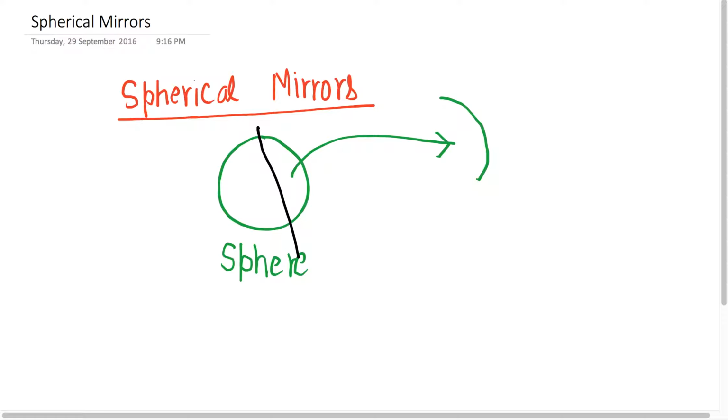And the mirror, if we polish one of the sides, what I will get is a mirror. And since this mirror has been obtained from a sphere through cutting the sphere, I will call it a spherical mirror. So this mirror is a spherical mirror.